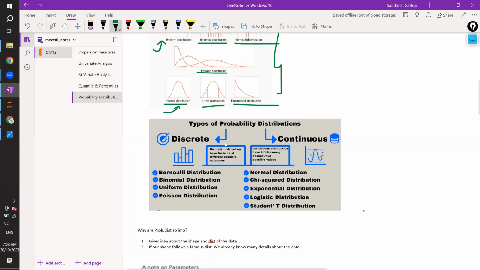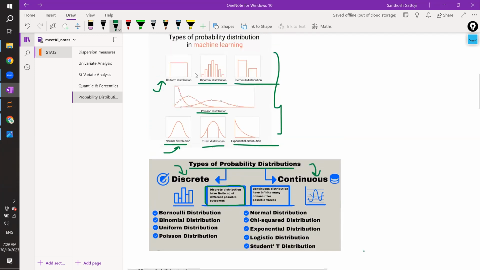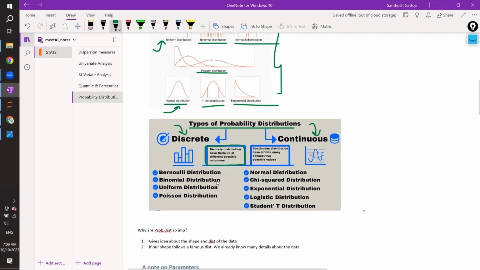Fine. And in this, as I said, there will be discrete and also continuous, guys. Discrete distributions have a finite number of different possible outcomes. Can you see this? Discrete has a finite number of possible outcomes from a random experiment. What are the different types from above? Bernoulli, binomial, uniform, Poisson. All this comes under discrete.